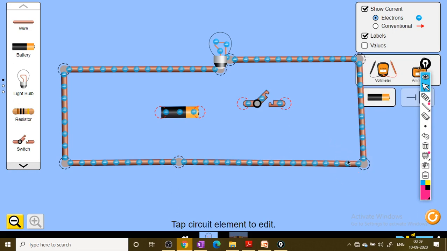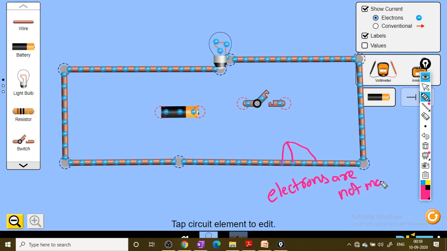Here electrons are present. You can see electrons are there, these all are electrons, since electrons are there in the conducting wire. But the electrons are not moving.